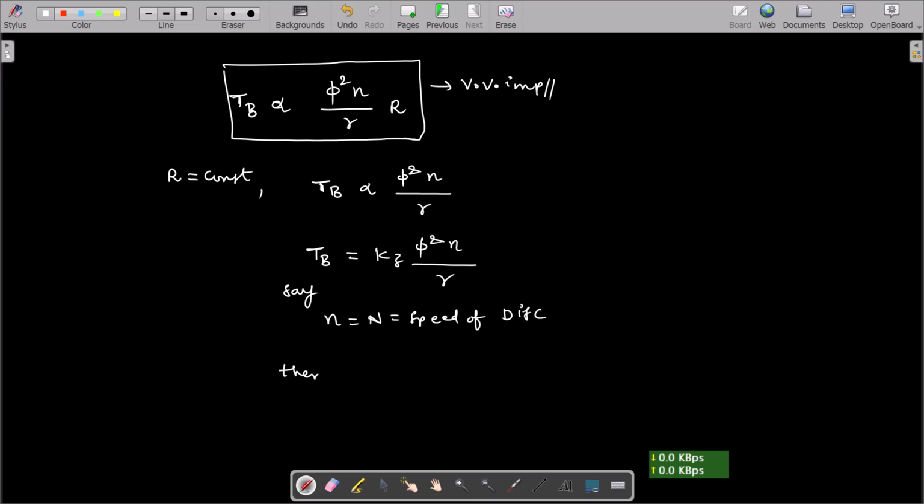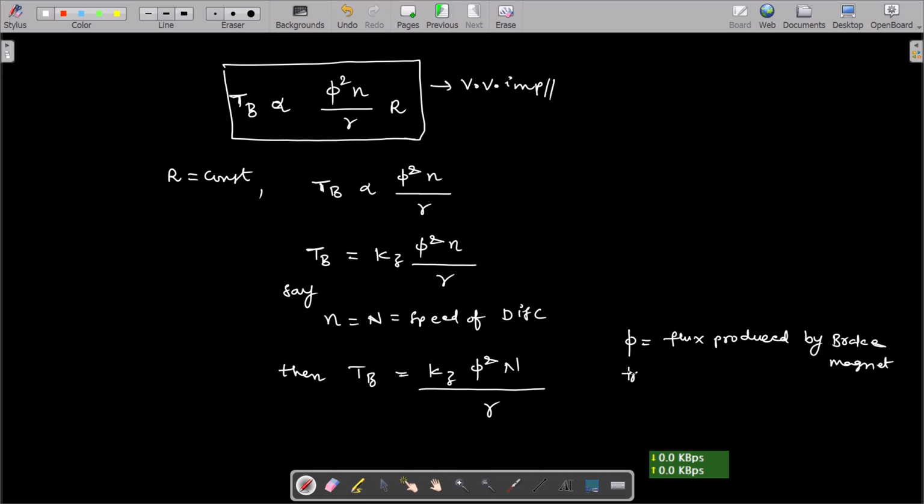Then TB will be equal to K3 phi square N. Here phi is nothing but the flux produced by the brake magnet, and R is nothing but the resistance of the disk. This is the thing we have to observe.